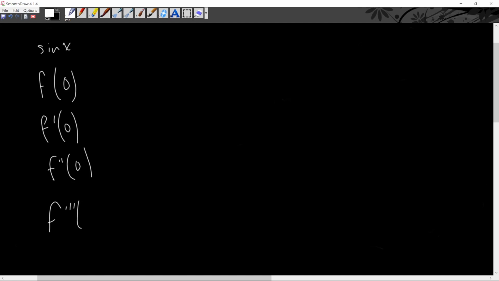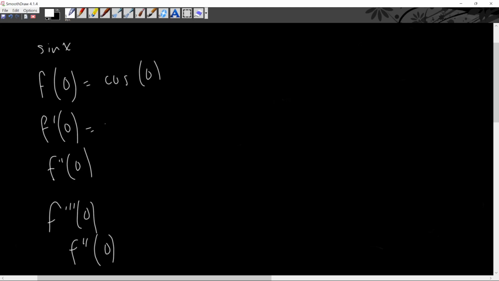Let's first come up with some examples. So sine x, right? Let's do f of 0, f prime of 0, f double prime of 0, f triple prime of 0, and then the fourth derivative of 0. And I think from there we are essentially done. So this is cosine 0, right?